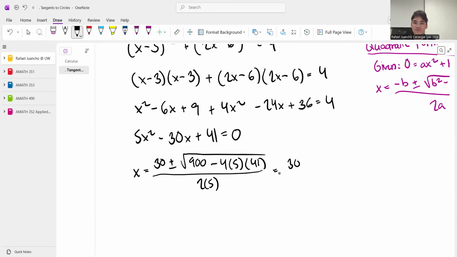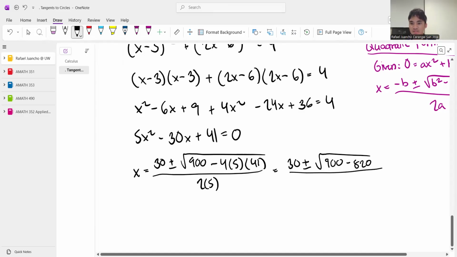That would be 30 plus minus 900 minus something. Wait, this looks wrong. We'll see. 820 minus 820. Okay, that doesn't look wrong because I was not going to expect a complex number.